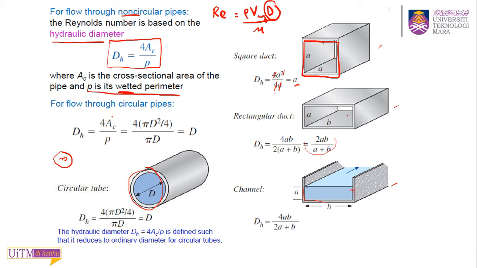But mostly when you see past year papers or a textbook, we are dealing with pipes. That's why chapter 4 is called flow in pipes. So normally we are dealing with circular pipes; square ducts like this are not very commonly asked. But we need to know this to find the Reynolds number through different conduit geometries.